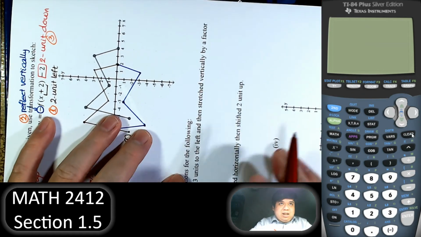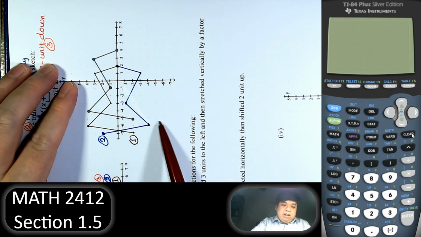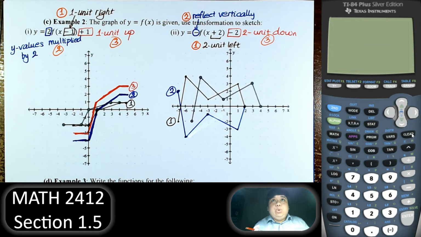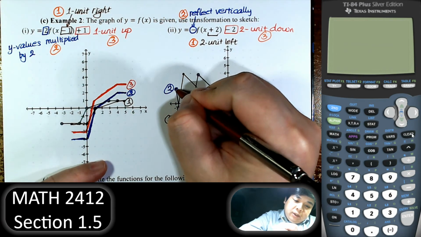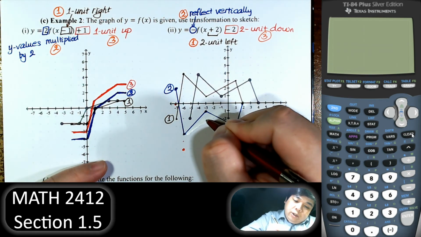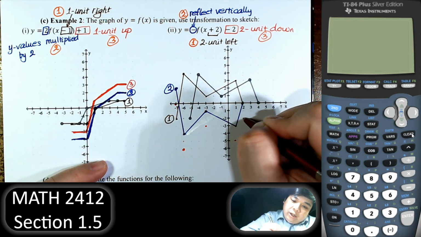You can see that there's the mirror image of the graph here and the graph there. Now we just have this one move 2 units down. 1, 2, 1, 2, 1, 2.